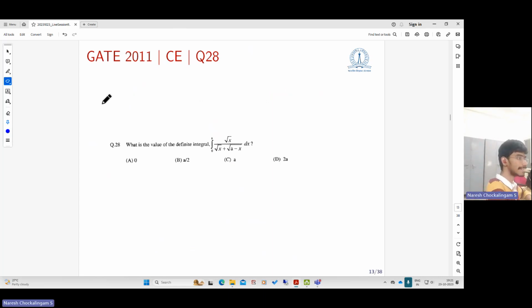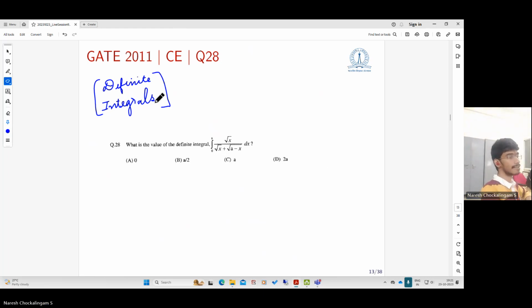So this is a problem in integration, definite integrals. What is the value of the definite integral from 0 to a of square root of x divided by square root of x plus square root of a minus x?